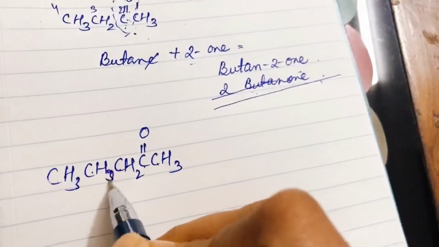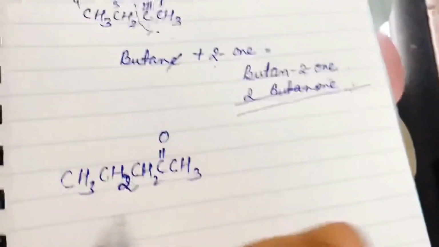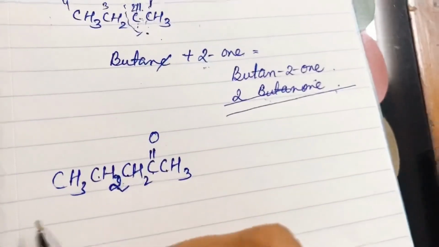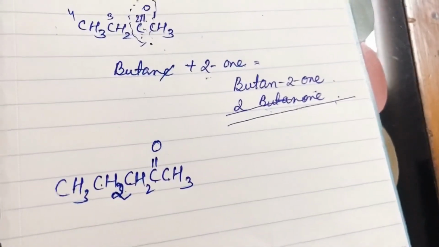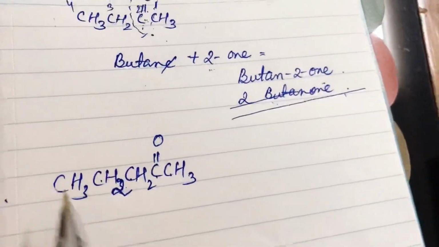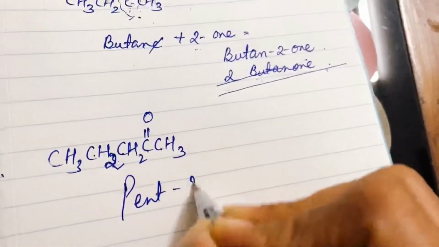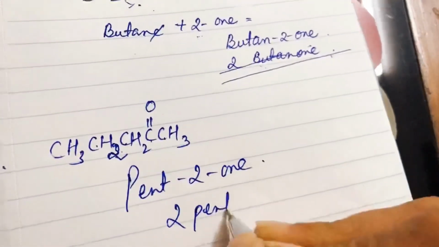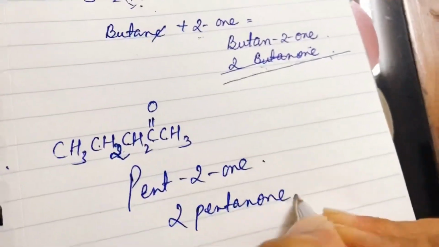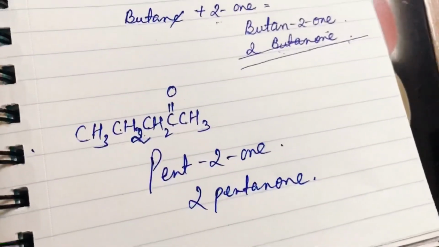We have to mention a 2 over here, because if you make the chain structure of it, you will get to know what the mistake is, right? So this one will be pent-2-one. You can write 2-pentanone. Clear? This is the way how you have to write, how to give them a name.